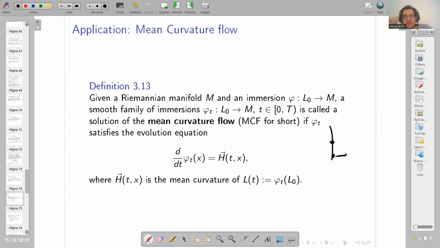We know, for example, you can see this in my book with Renato Bettiol, it's not difficult to see that if you start here, L is a principal orbit, then the mean curvature vector field is basic.